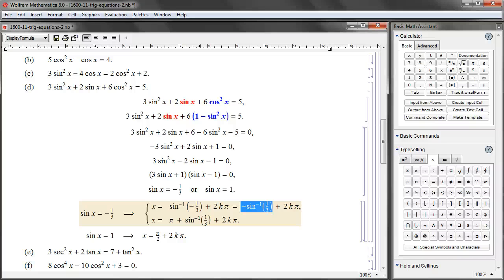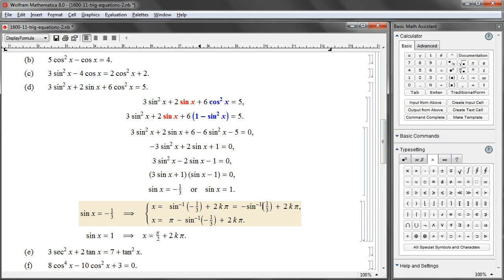So if arc sine of x is 1/3, then sine of negative x is negative 1/3. So you can put this negative outside. That's how we get pi plus arc sine of 1/3 rather than pi minus arc sine of negative 1/3. But it would have been okay if you wrote pi minus arc sine of negative 1/3.